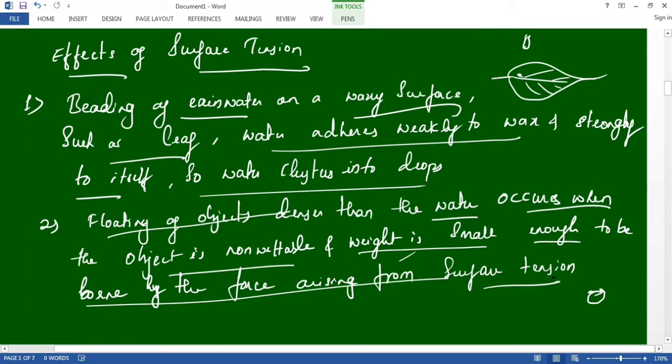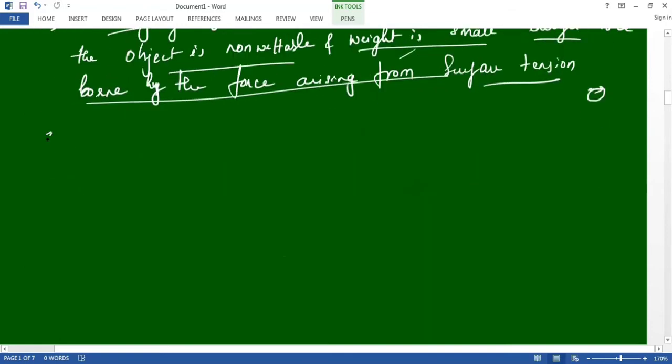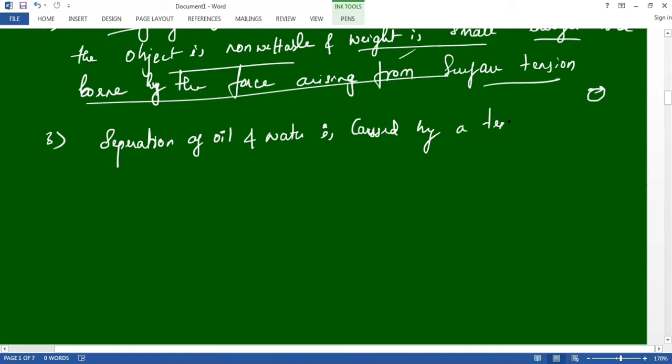The third one: separation of oil and water is caused by the tension in the surface between dissimilar liquids.